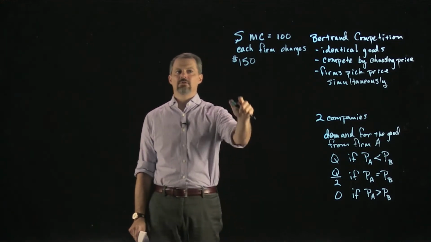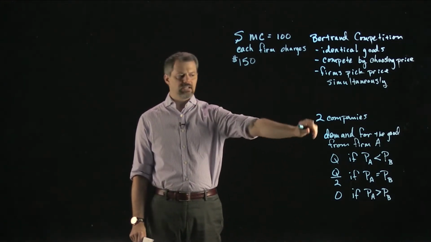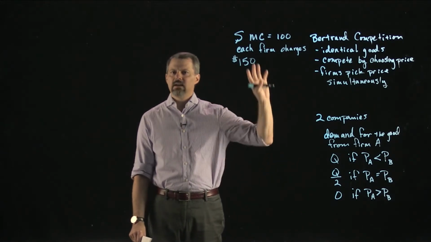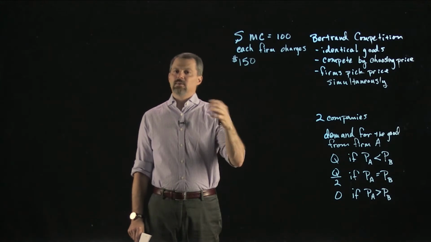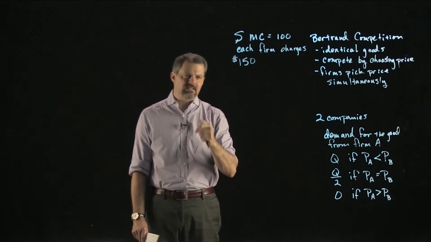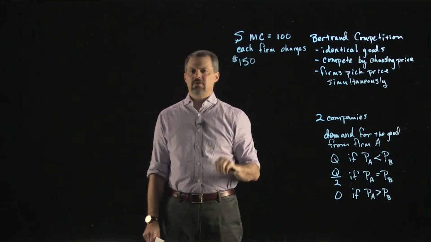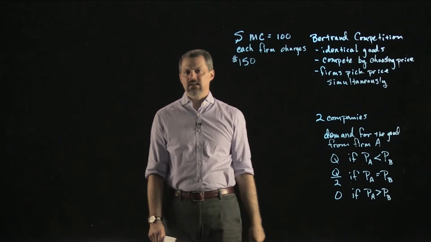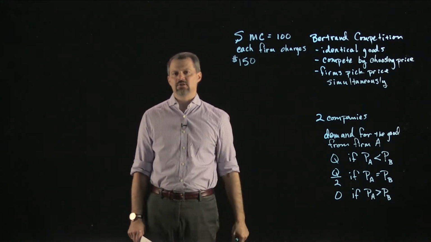If I charge $140, then I will sell all of the quantity that consumers want to buy, and the other firm is going to sell nothing. But if the other firm observes that I charge $140 and then the next day they think to themselves, you know what, we can do better than that, we'll charge $130, then they're going to sell everything. But then I can undercut $130, I could charge $120.